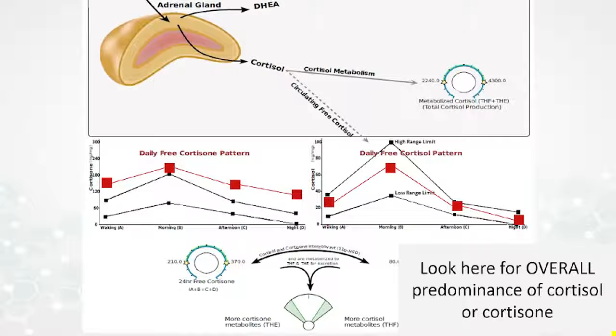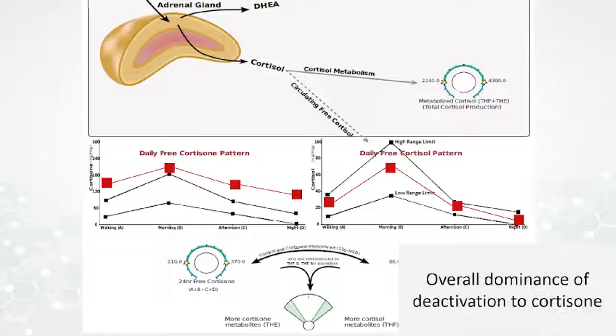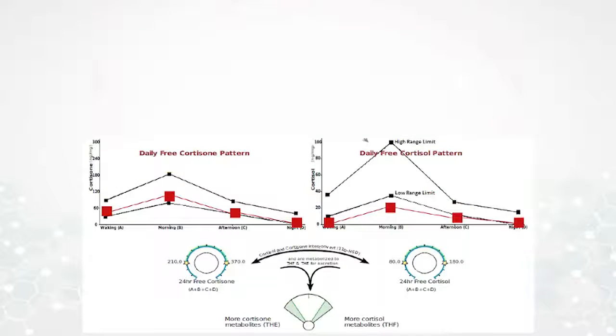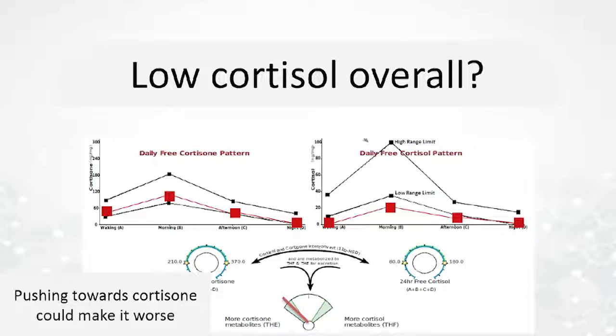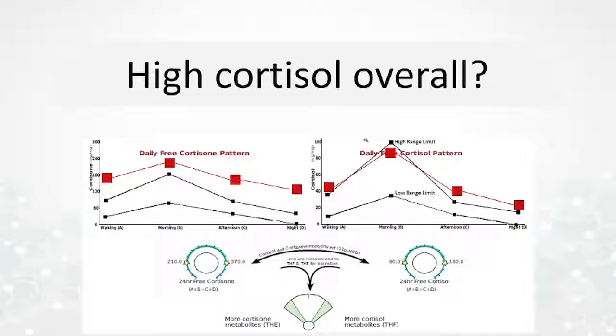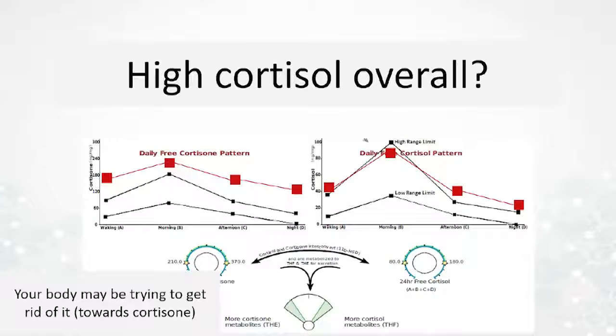So if the metabolites tell that same story and say, yes, there's more of a deactivation to cortisone, then it's a fairly simple interpretation in that overall, we simply have cortisol being shuttled to cortisone. Now, if that happens and the overall levels are low, then it's probably going to add to the picture of low cortisol, fatigue, etc. If it happens when the overall cortisol levels are high, then it's more of a compensatory mechanism likely of getting rid of some of that high cortisol.